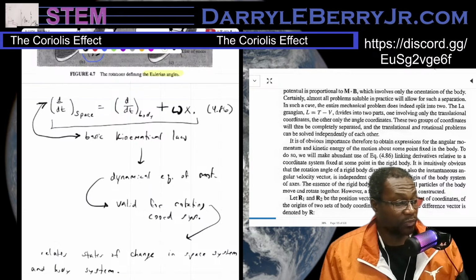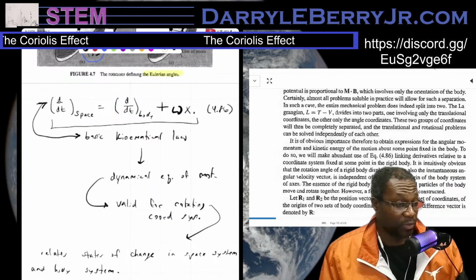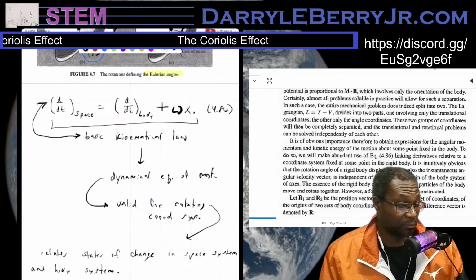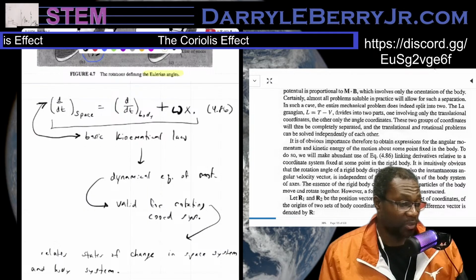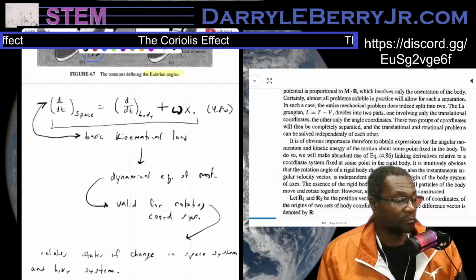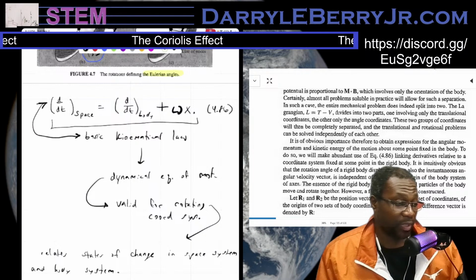Making derivatives relative to a coordinate system fixed at some point in the rigid body. It is intuitively obvious that the rotation angle of a rigid body displacement, and hence the instantaneous angular velocity vector, is independent of the choice of origin of the body system of axes. The essence of the rigid body constraint is that all particles of the body move and rotate together.